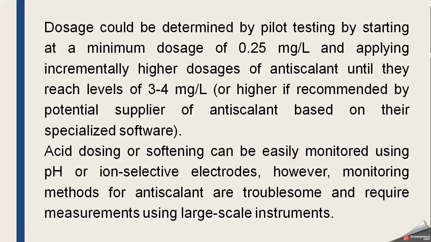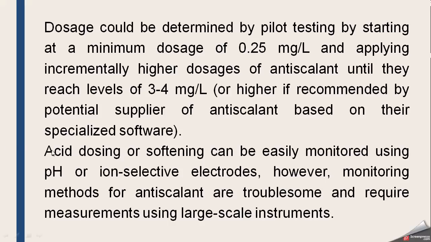So maybe you can add 0.25 milligram per liter and then gradually increase until we reach a point where the performance of antiscalant is optimized. And some companies recommend using software in which we input some of the parameters, and then it will provide what dose is appropriate for this type of water.